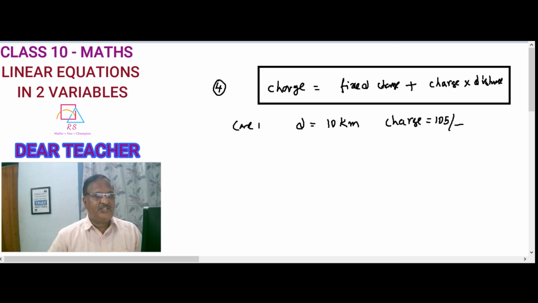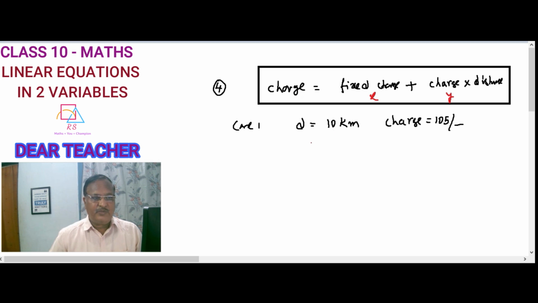So fixed charge is equal to x. My step is: let us identify the variables. Fixed charge is x, we don't know how much the fixed charge is, and charge per kilometer we also don't know, that is y. Okay, charge per 1 kilometer. So now put this in case 1.